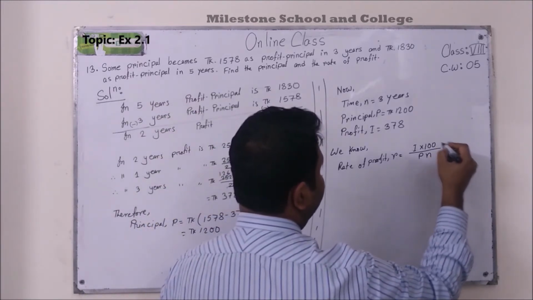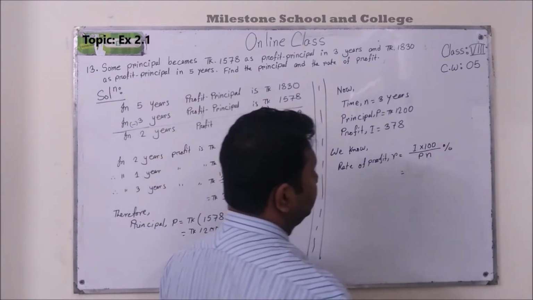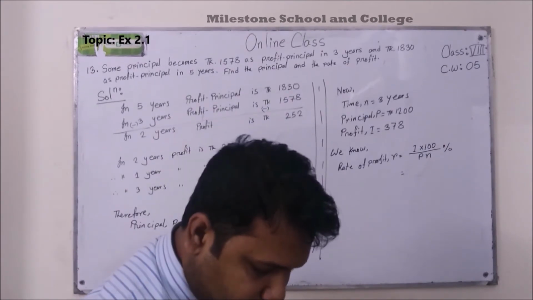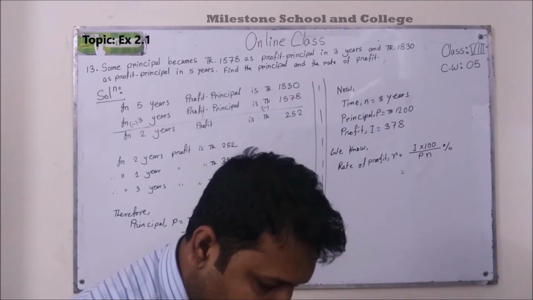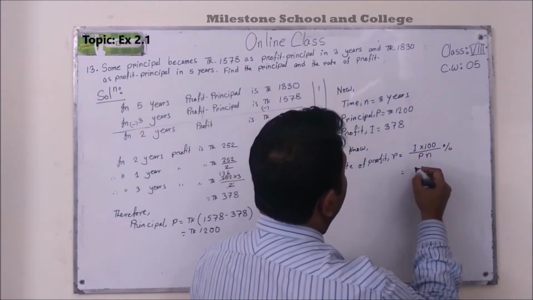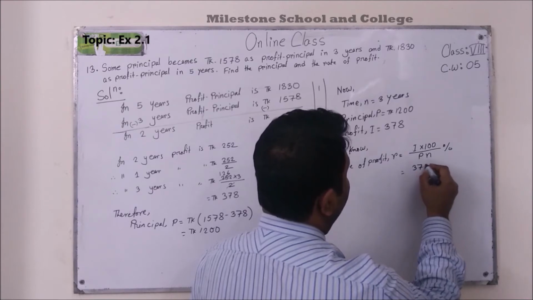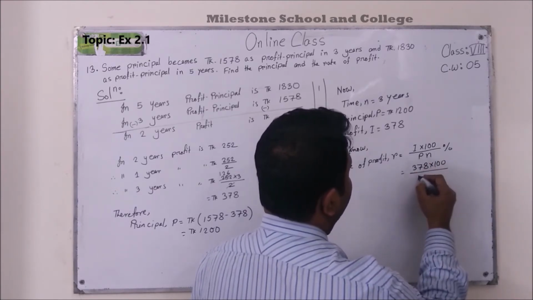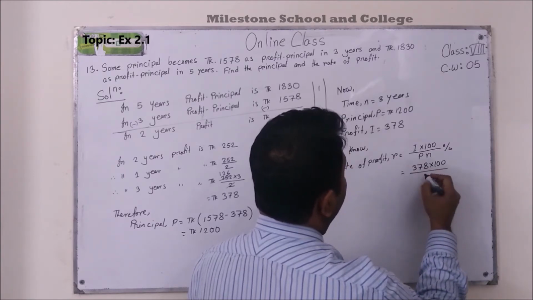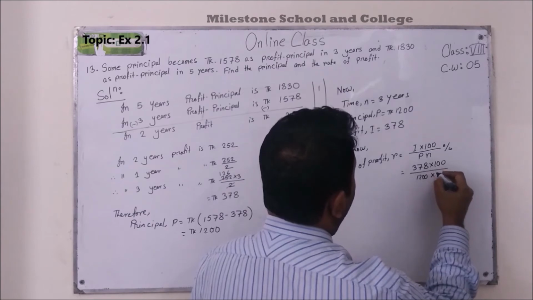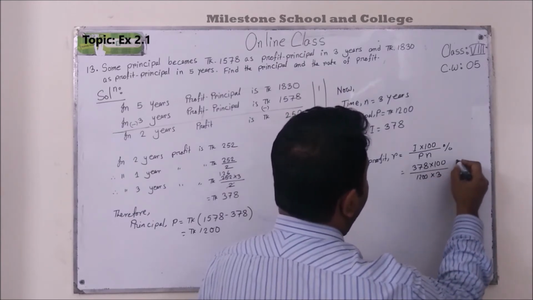Before we solve question number 8 by this formula, I equal to 378, into 100 by, what is the value of P? P equal to 1200 and n equal to 3.